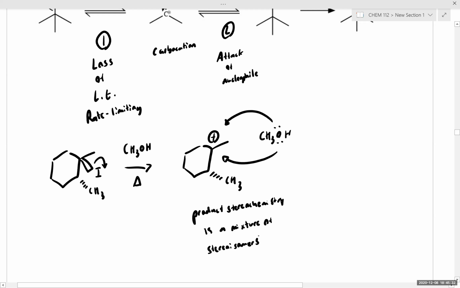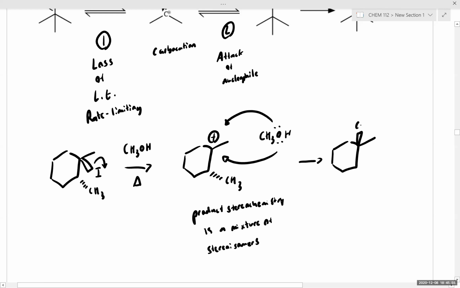So in the Sn1 reaction, compared to the Sn2 reaction, we observe a mixture of product stereochemistries. We observe a mixture of diastereomers, as the planar carbocation can be attacked from either the top or the bottom face. And as a result, we get a mixture.